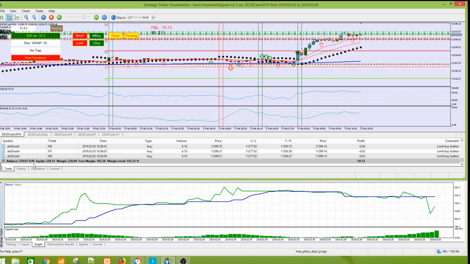Two contracts cost about 140. You see the margin, not even. I could go with 300. I could do about 4 contracts with 200, but the risk is too much.